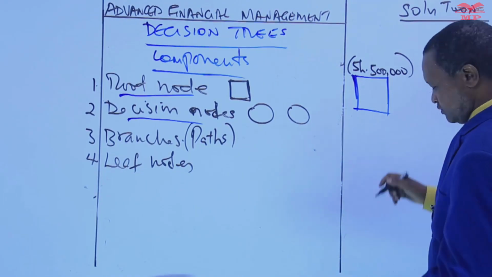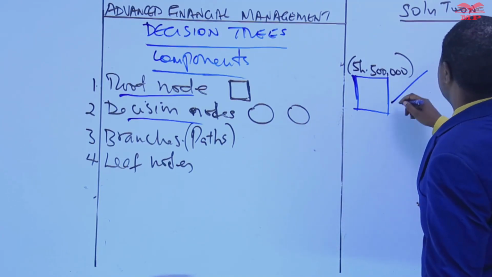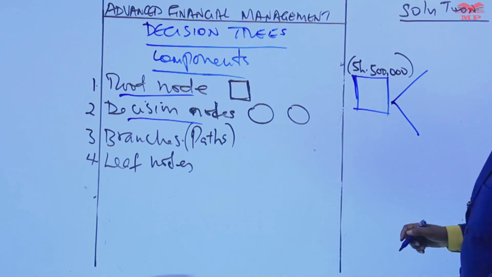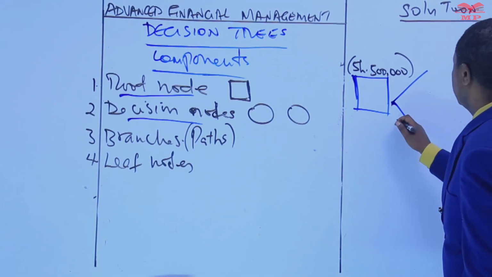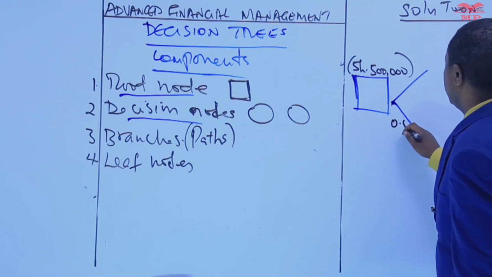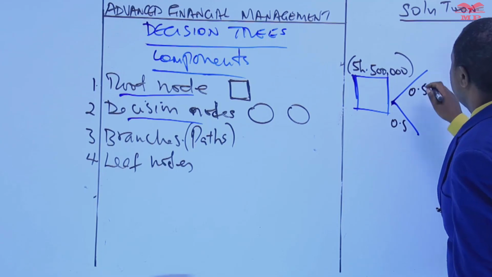So we have 50%, 50%. 50%, this is 0.5, converting into decimal.